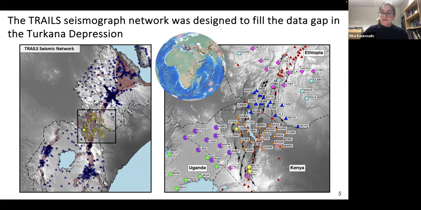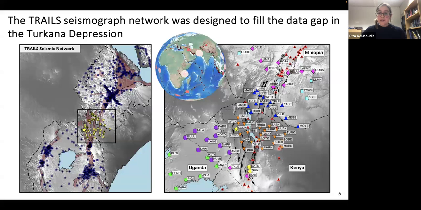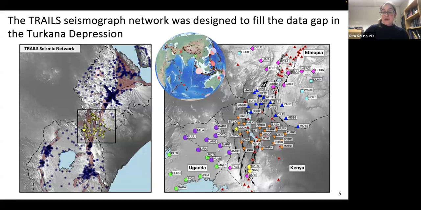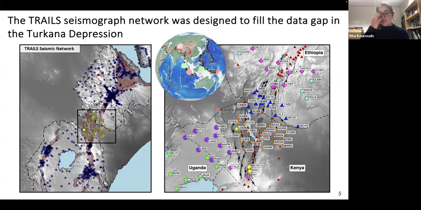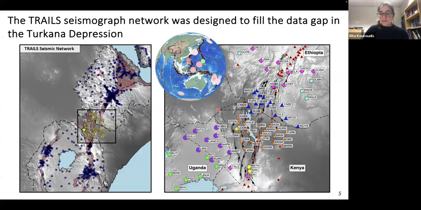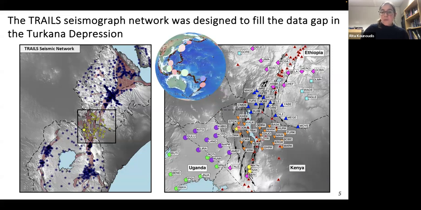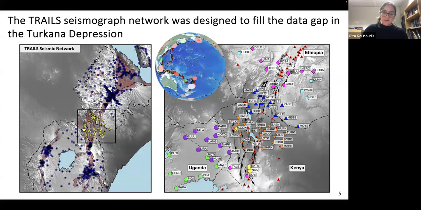They're shown by these triangles in the middle of the depression. We left them there for about 2 years, and we recorded as many earthquakes as possible in order to seismically image the subsurface. I should mention there has been one permanent station deployed in the region. That's the station here noted by a star. But everything else has been recent.